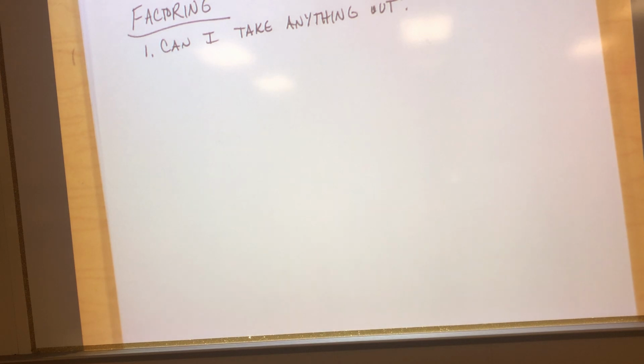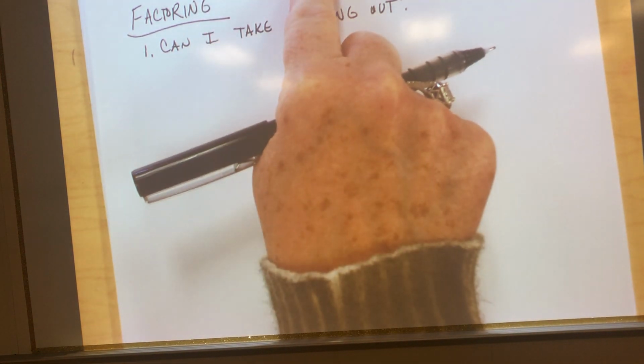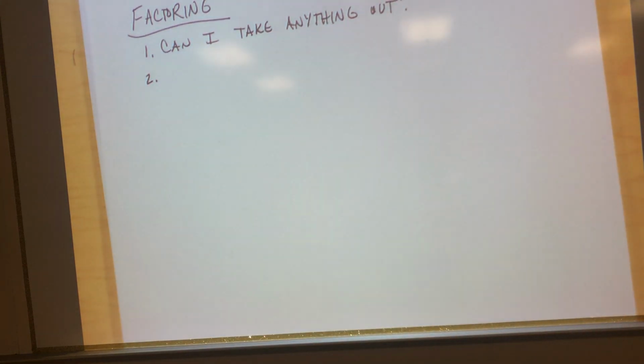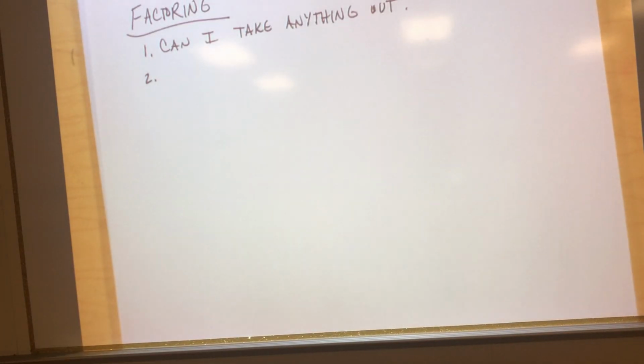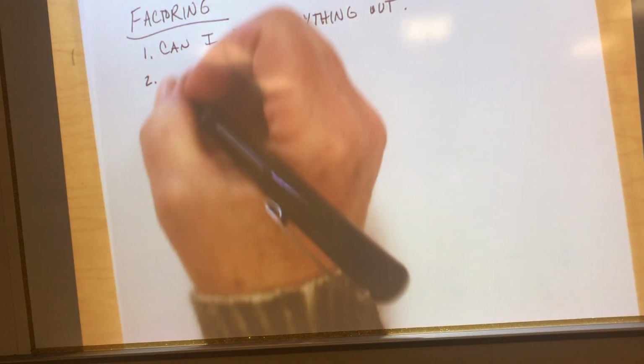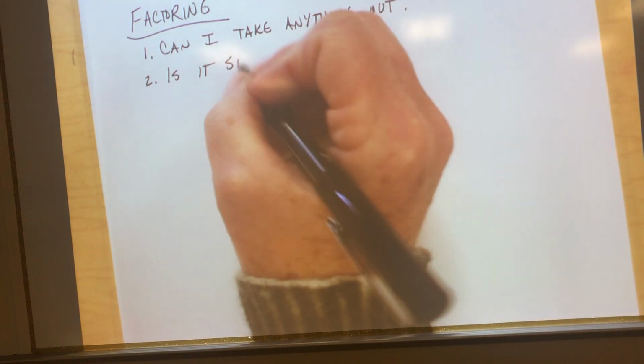Okay? If you factor it out, it has to come out of every term. Notice that your quadratic wants everything on the left and 0 on the right. Okay? Everything on the left and 0 on the right. The second thing you're going to ask yourself, and you won't understand this until I work some problems first, and then I'm going to talk about the second one. Okay? So I'm going to say the best thing to do after you've asked yourself this is you can say, is it special?